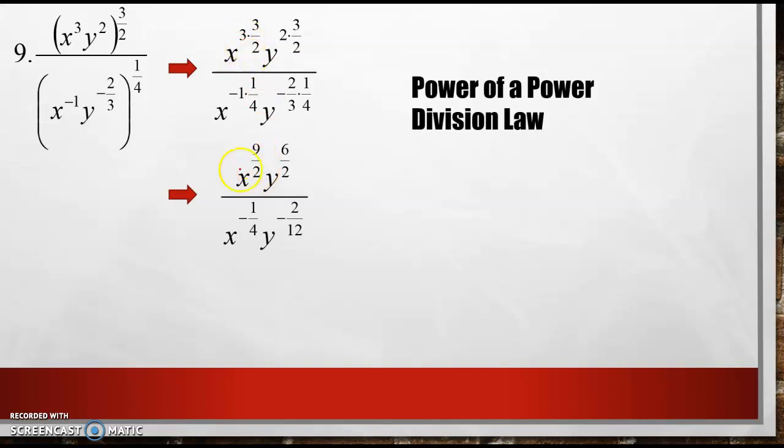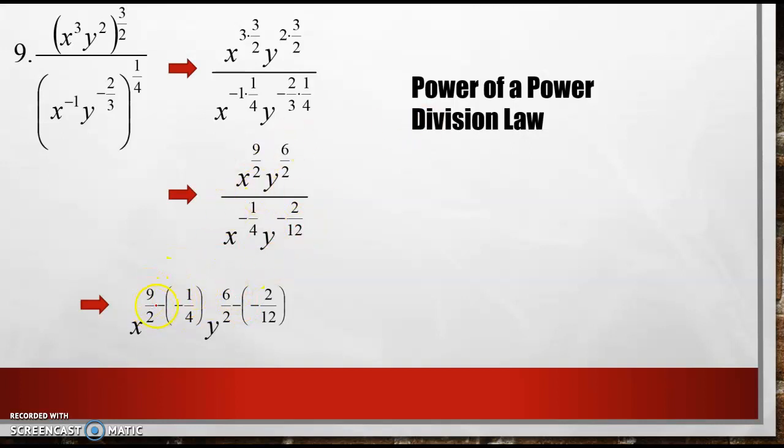Next I simplified, so 3 times 3 that's 9, 2 times 3 that's 6, so 9 halves and 6 halves. Negative 1 times 1/4 that's negative 1/4, and then negative 2/3 times 1/4 is negative 2 over 12. Well, you can simplify that one later on, but I only express it as that.